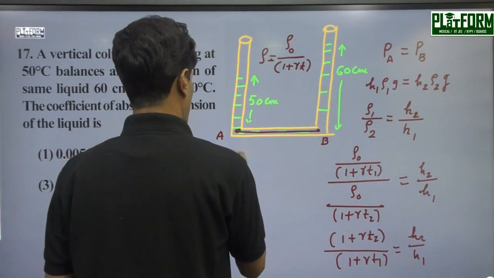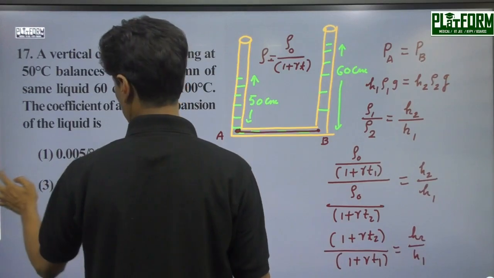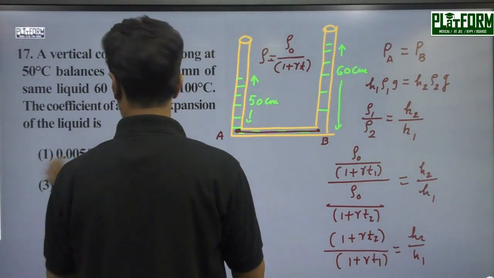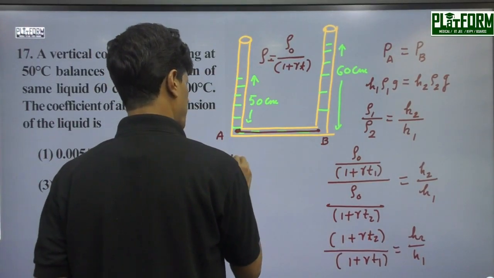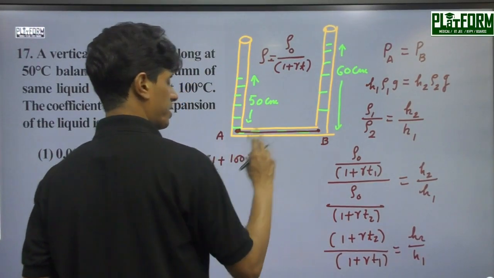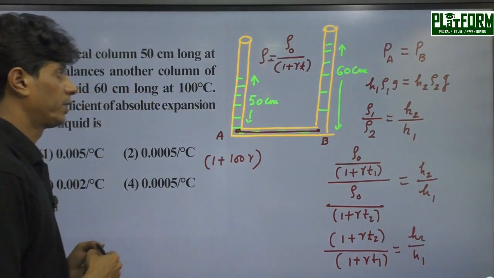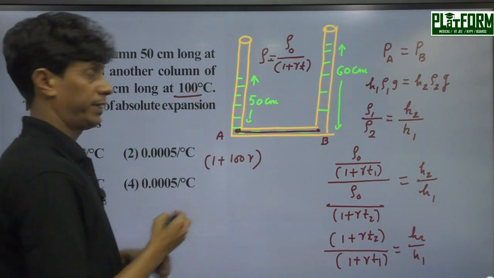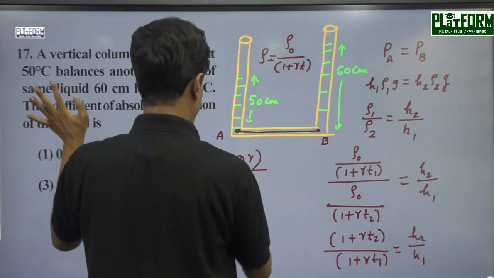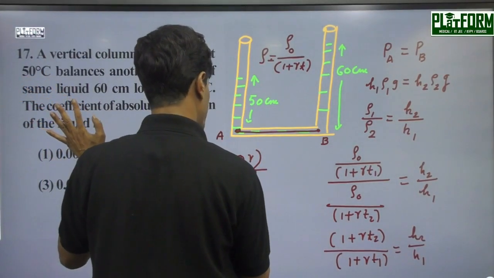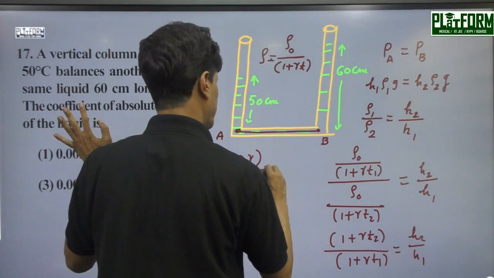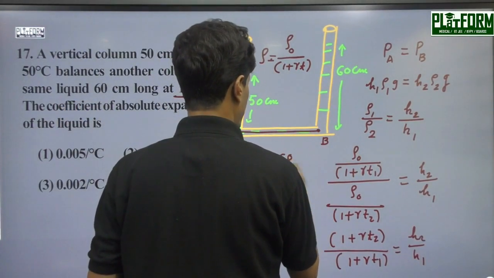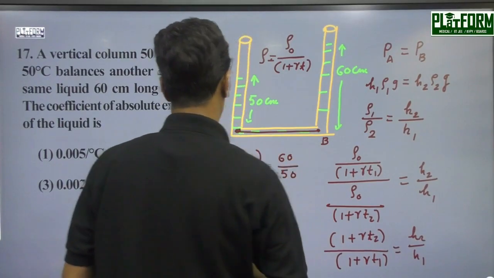It is 1 plus 100 gamma, the temperature on one side being 100 degrees centigrade, and the temperature on the other side is 1 plus 50 gamma, and the height on this side is 60 by 50.